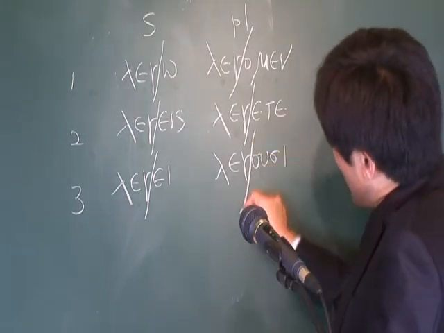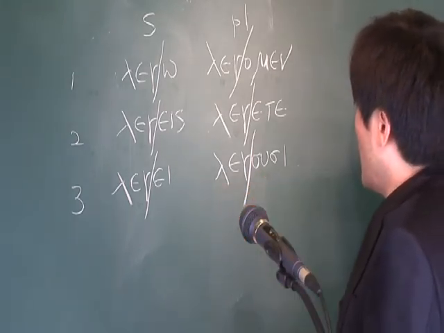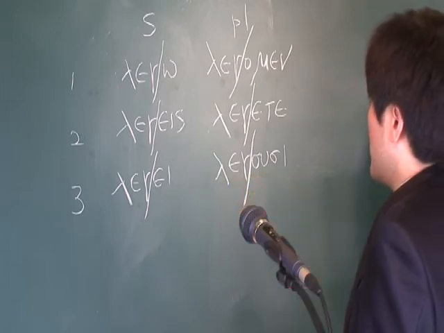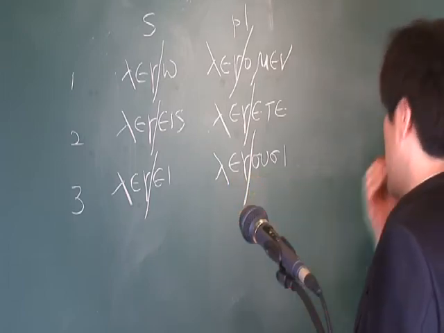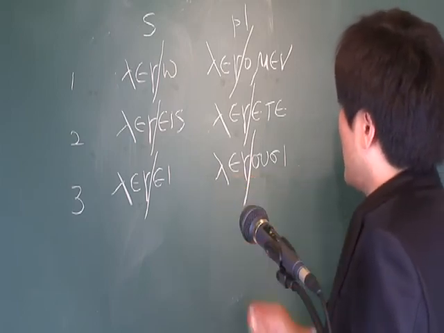The iota subscript can be written under these 3 vowels. They are written in these ways.